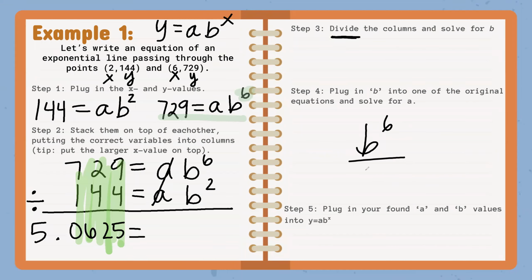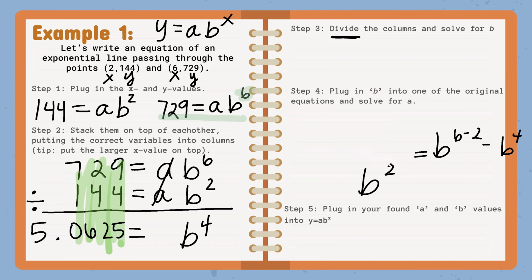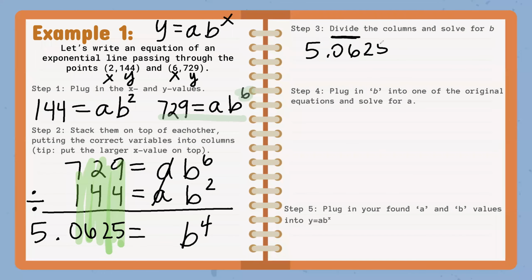Again, this is our quotient rule: if you divide exponents of the same base, you subtract the exponents, and you get b to the 4th power. I just divided the columns, and I am left with 5.0625 = b^4.